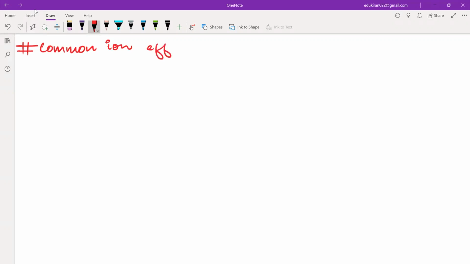Common ion effect, right? So for something to be common, you should have at least two. So when you have one species, common ion effect will not be there. You will not have to consider common ion effect. Whenever you have two or more species added to a solution in water, then you are going to use this concept that we are going to learn in common ion effect.